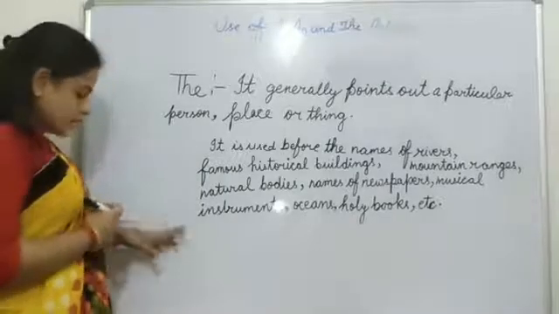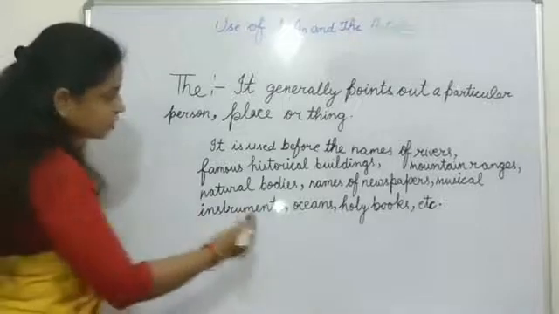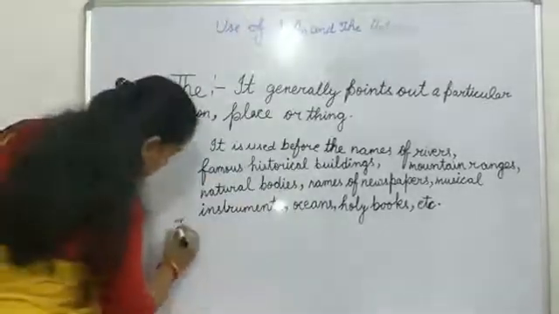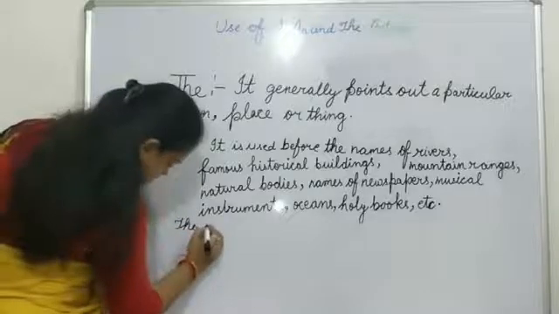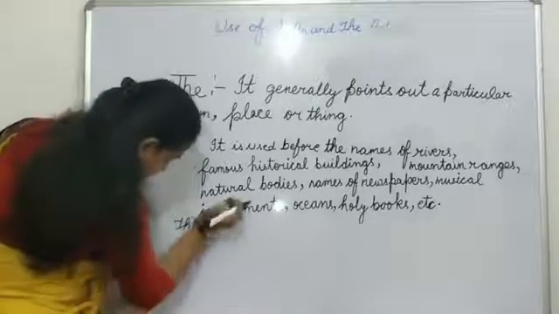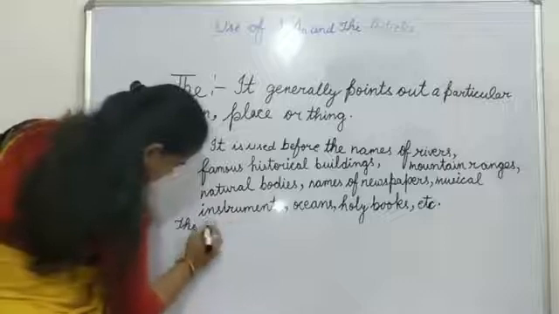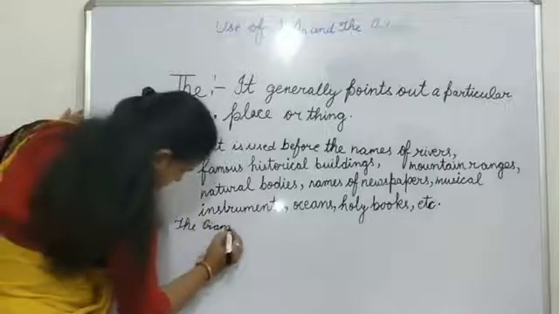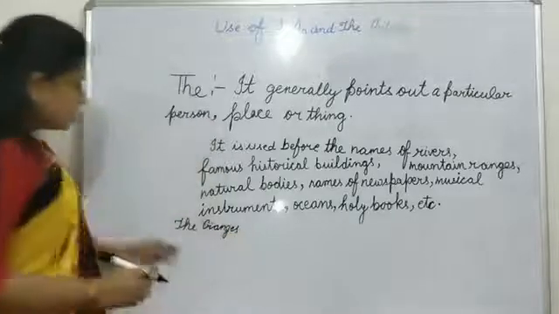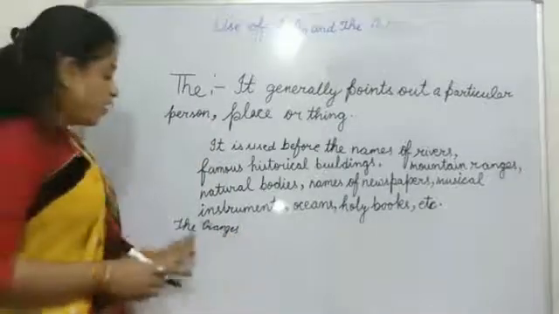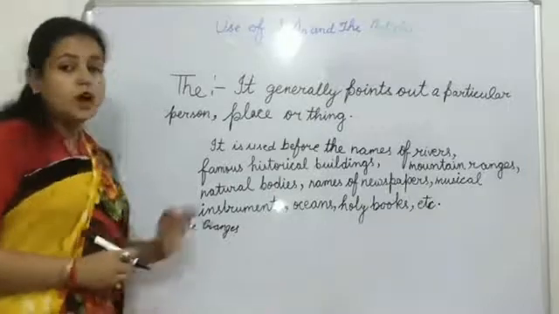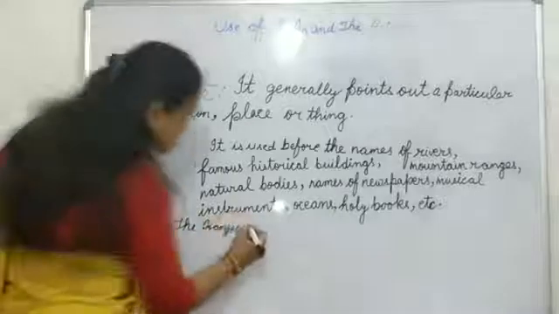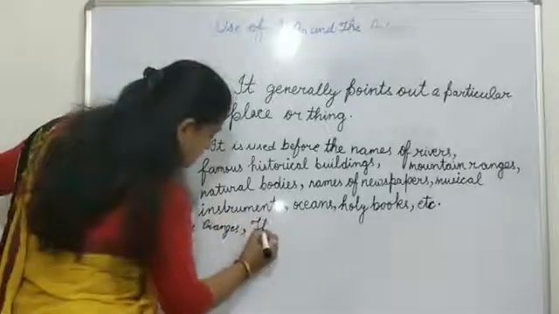Okay, for example, river: the Ganges. The Ganges is the name of a river, as we know, Ganga. Next, the sun.